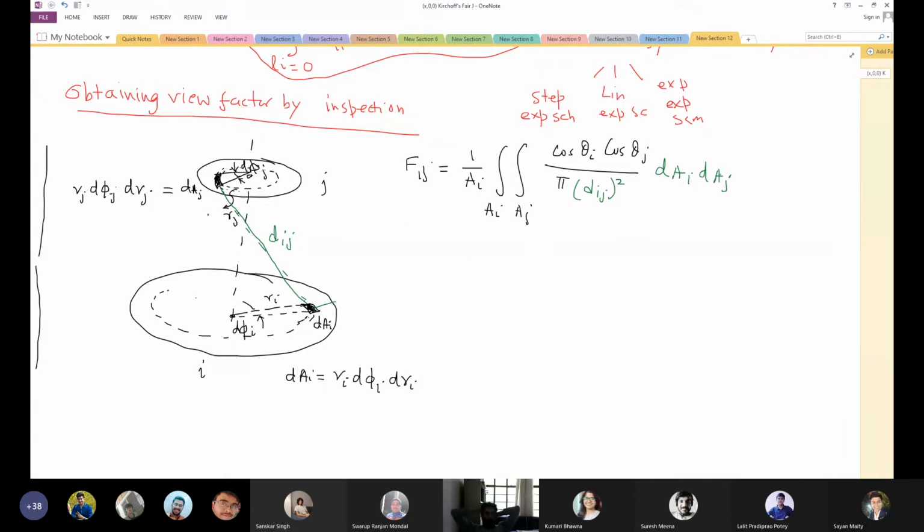So is it clear? Is the drawing and the differential areas clear to you? Yes, sir. Okay.